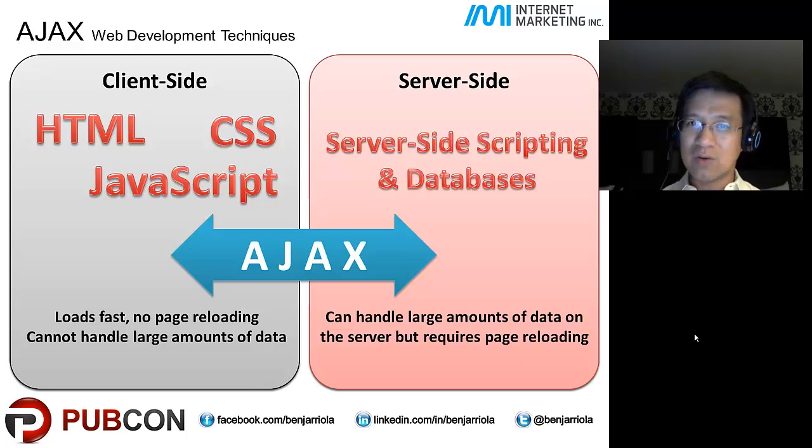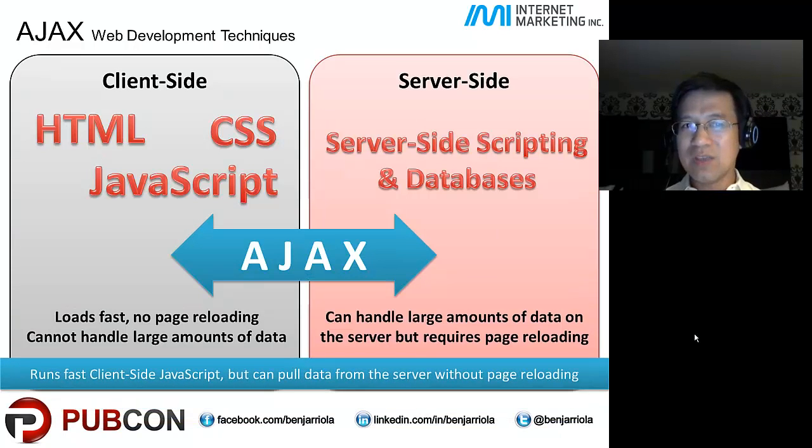Just connect your client-side technology, mainly JavaScript, along with pulling data from the server, but the page does not reload. So the experience feels like it is running faster, but in reality, it just removes the page load experience. So everything is pulled from the server without reloading the page.